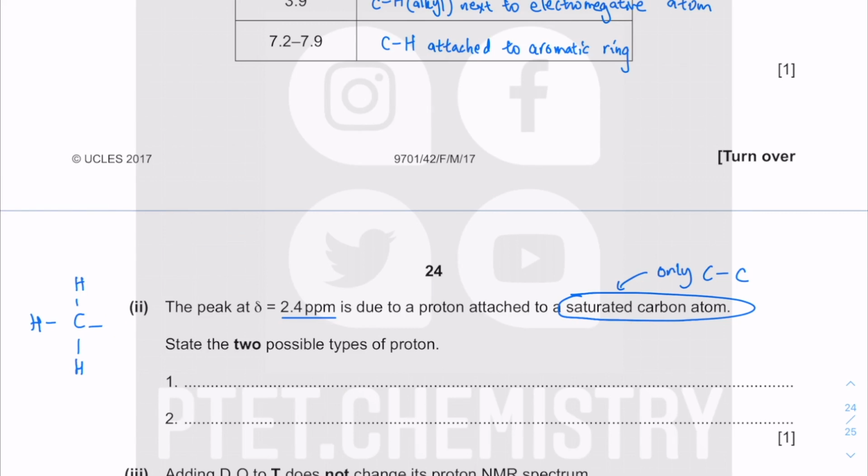Well, this carbon is definitely saturated. It's a single bond. So these protons are attached to a carbon which is saturated.